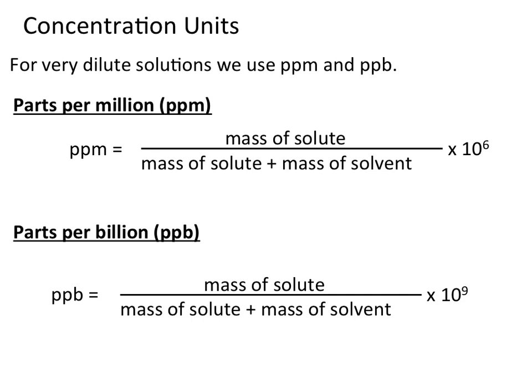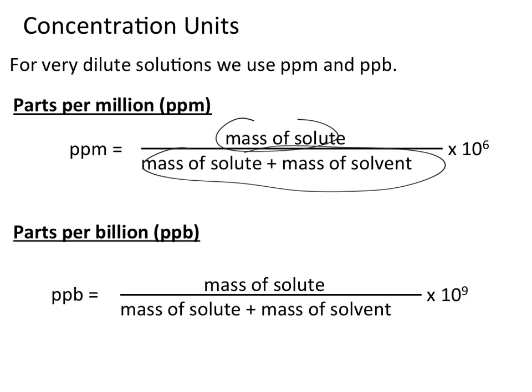So basically, parts per million and parts per billion are very, very similar to mass percent calculations. The only difference here is instead of multiplying by 100, we multiply by whichever factor is needed for it to be either parts per million or parts per billion. So we have the mass of our solute divided by the total mass of the solution, so mass of the solute plus mass of solvent.